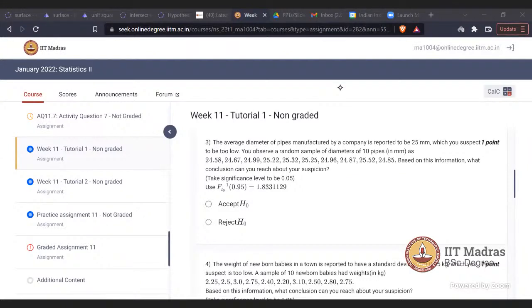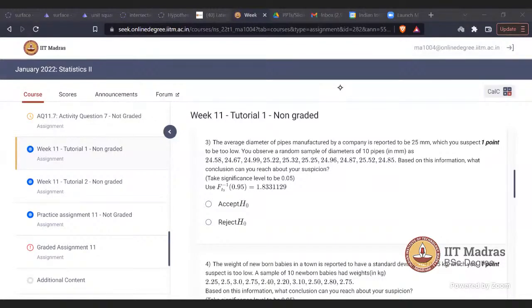Samraj, you had asked about tutorial 1, question number 3 and 5. Yes, Nikita. So I thought the alternate hypothesis is mu less than 25 for question number 3 because of the wording: the average diameter of pipes is suspected to be too low.